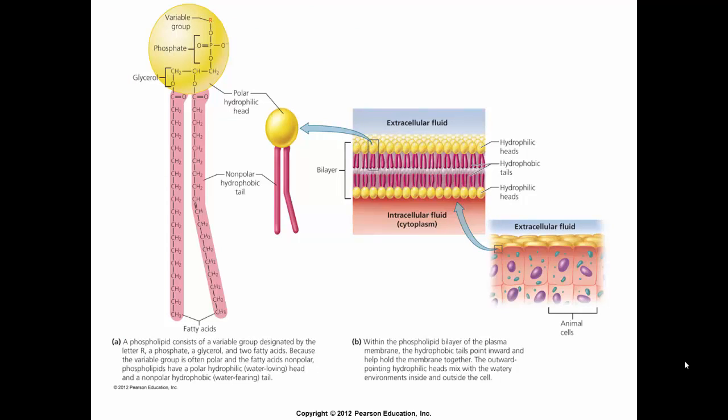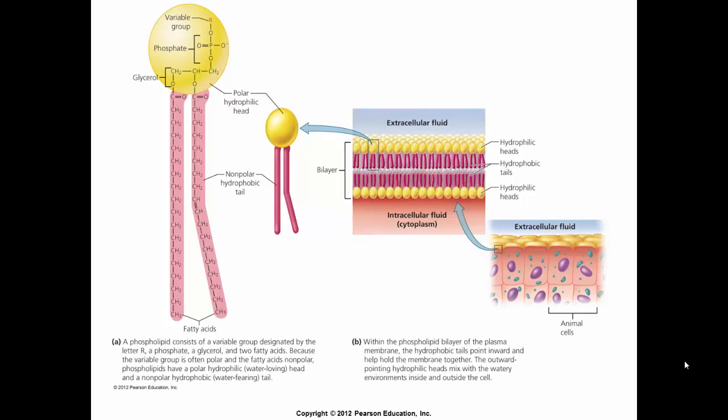This shows the hydrophilic head, the water-loving, versus the hydrophobic tail, which hates water. So you see an image of the phospholipid membrane surrounding cells. So on the extracellular fluids, such as towards blood, you have the hydrophilic water-loving head.